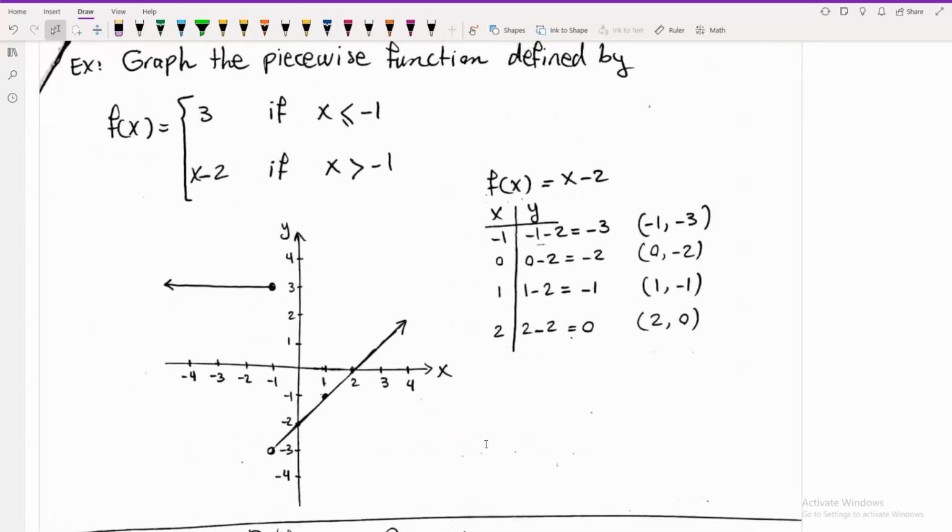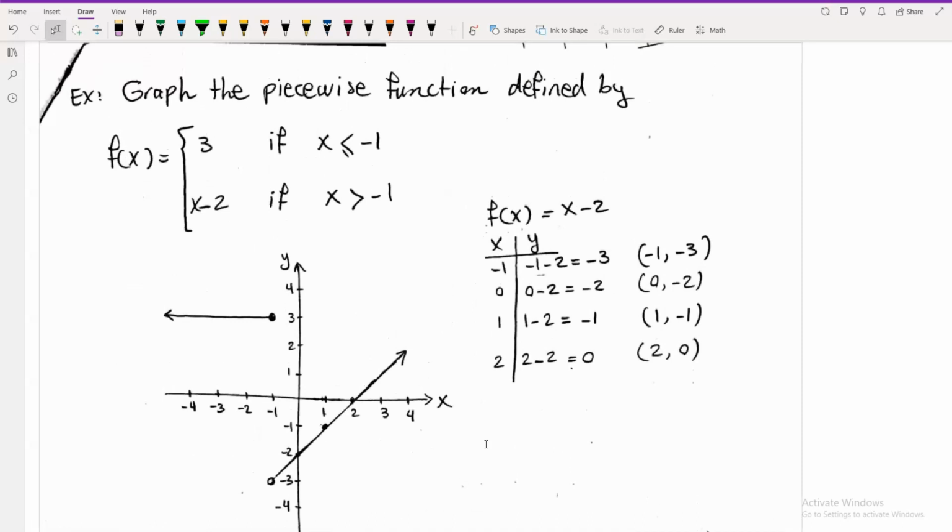Now here, this example graphs the piecewise function defined by what we have here: when x is less than or equal to -1, f of x is 3. When x is greater than -1, f of x is equal to x minus 2.